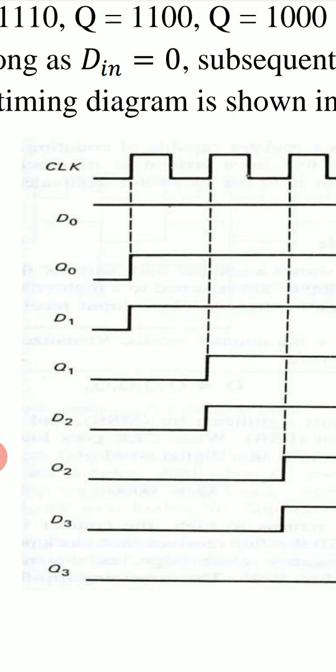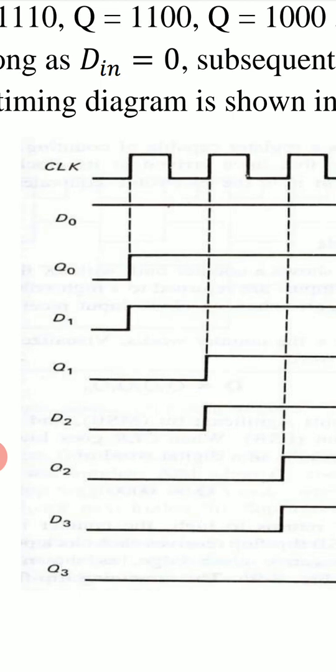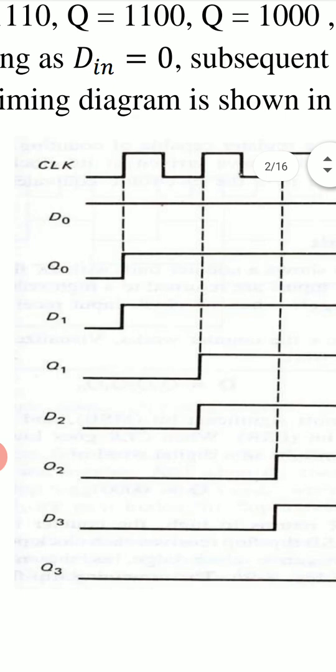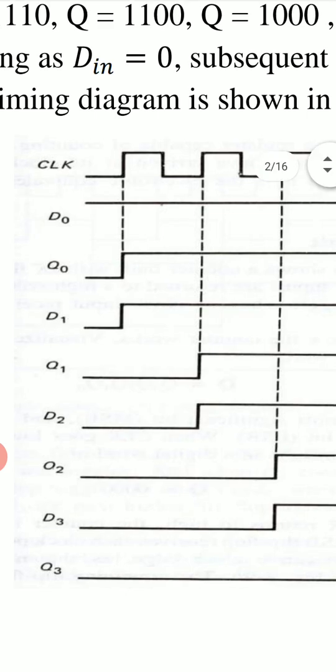Now when D0 becomes 1, then Q0 will become 1 when this positive clock edge arrives. It is shown by this dotted vertical line. The dotted vertical line shows where this positive clock edge arrives, and at this positive clock edge Q0 will become equal to D0, that is 1.